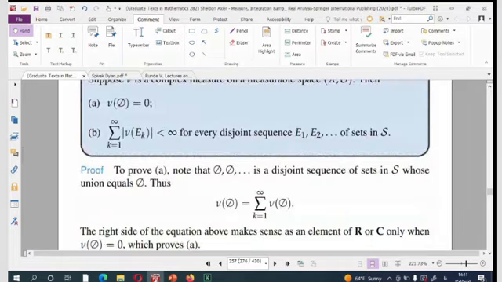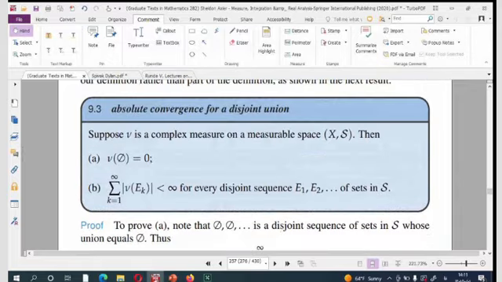Nu of the empty set automatically must be equal to 0, and also this summation must be finite for every disjoint sequence in S: the summation of the absolute value of nu of E_k.